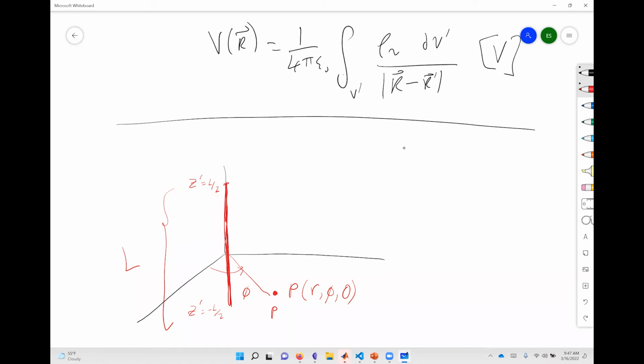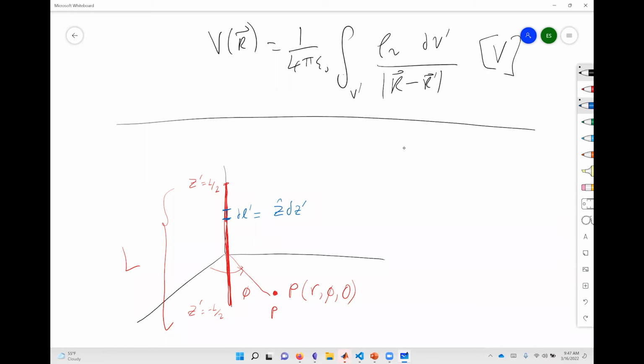And then we have dl prime here, which equals z hat dz prime. That's what it is essentially.